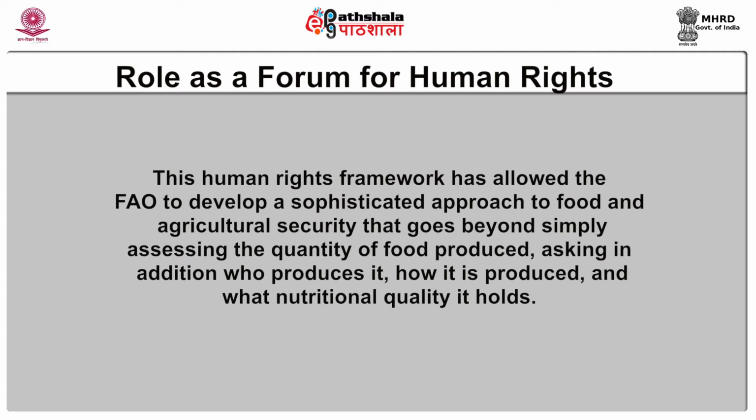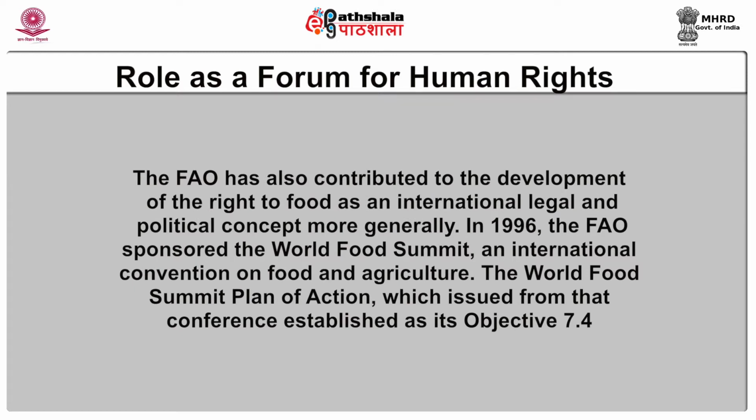This human rights framework has allowed the FAO to develop a sophisticated approach to food and agricultural security that goes beyond simply assessing the quantity of food produced, asking in addition who produces it, how it is produced, and what nutrition quality it holds. The FAO, apart from these, has also contributed to the development of the right to food as an international legal and political concept.